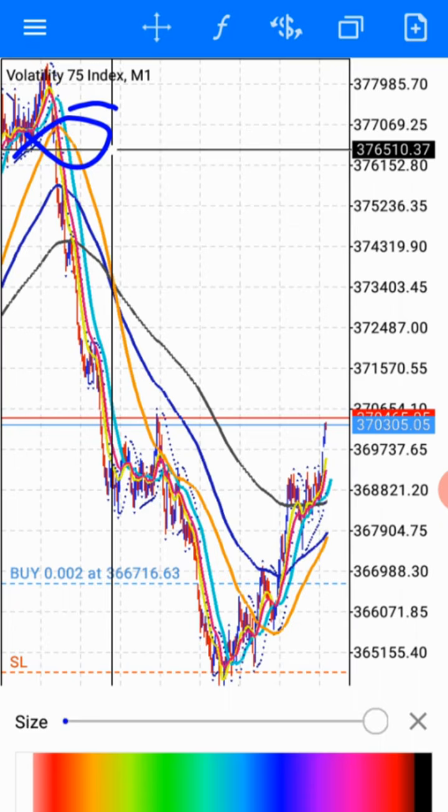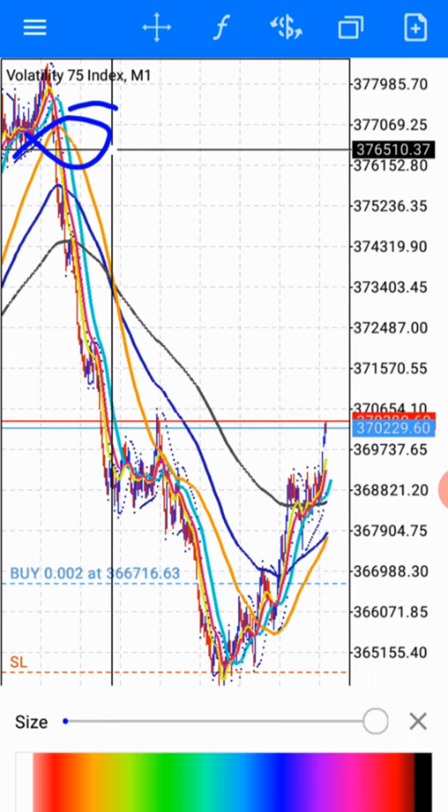Are you getting me? Some people tell you when this thing crosses this thing, you just take your trade. No, the time this yellow, pink and blue crossed this brown moving average, the price was not there.